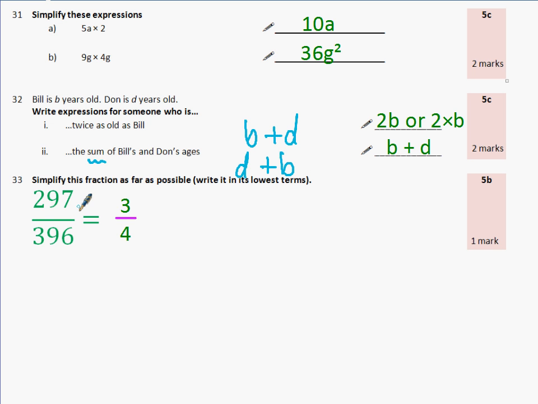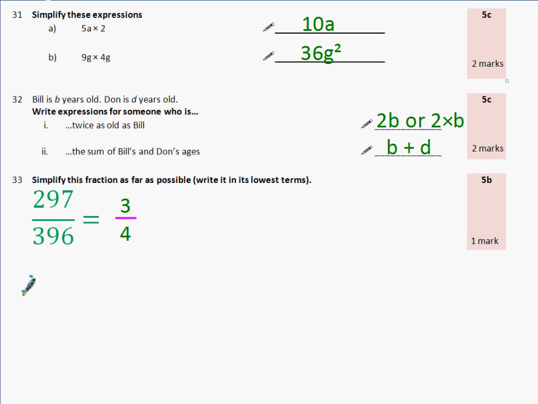Simplify this fraction as far as possible, or write it in its lowest terms. 297 over 396. Big numbers, not ones that we are familiar with in terms of our times tables, but we have some strategies up our sleeve. We know when we're simplifying, we need to look for a number that they both divide by. So I'm looking for a number that goes into 297 and goes into 396.